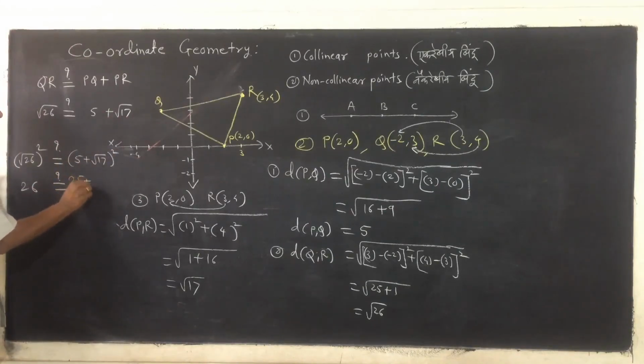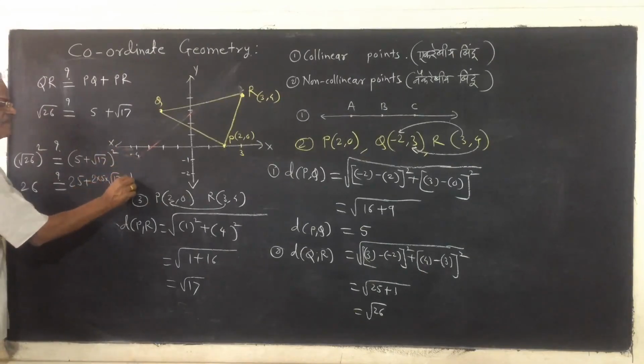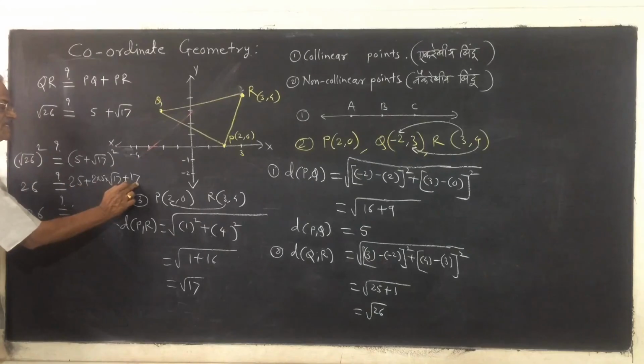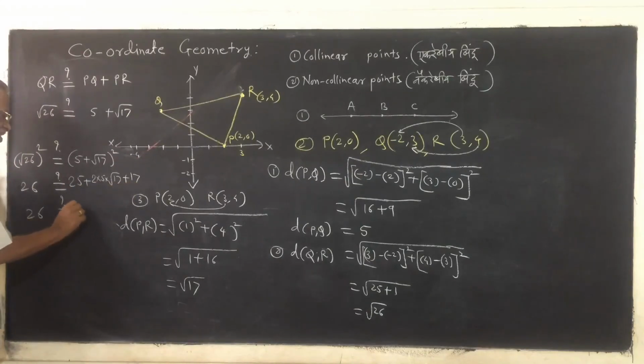It is 25 plus twice ab, that is 5 into root 17, plus b square, which is 17. Question mark. Is 26 equal to the sum 25 plus 17, 42 plus 10 root 17?